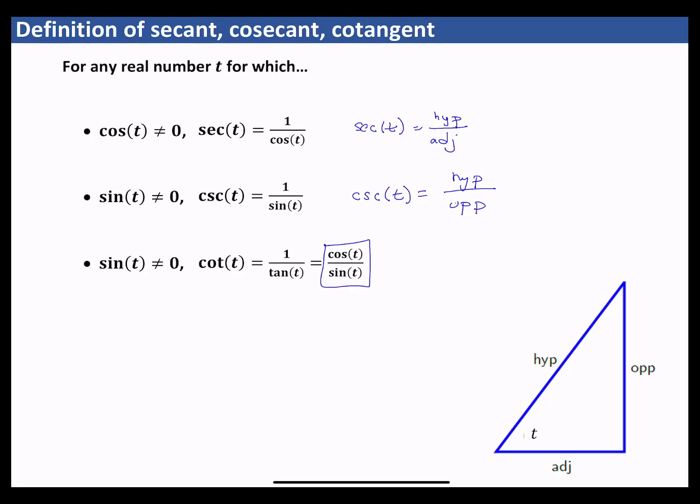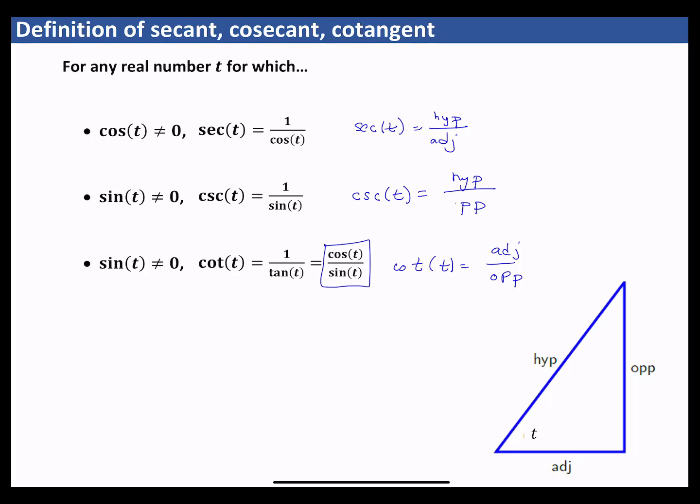And from the perspective of a right triangle, since tangent of t is opposite over adjacent, the cotangent of t is going to equal adjacent over opposite.